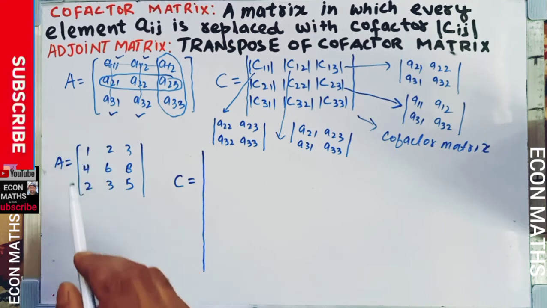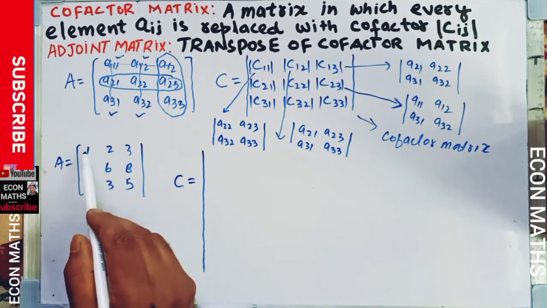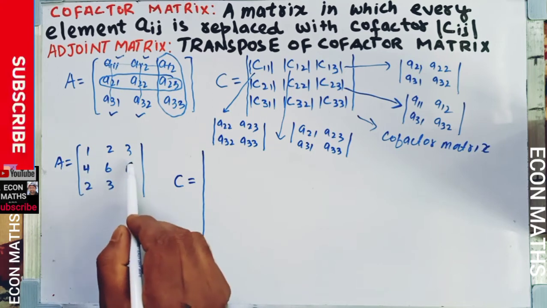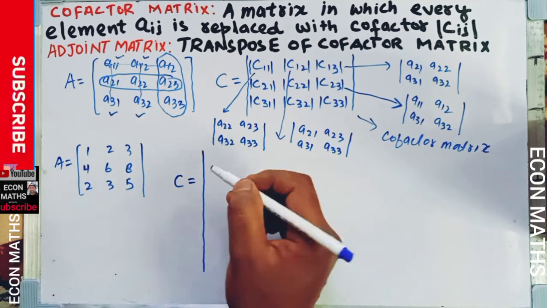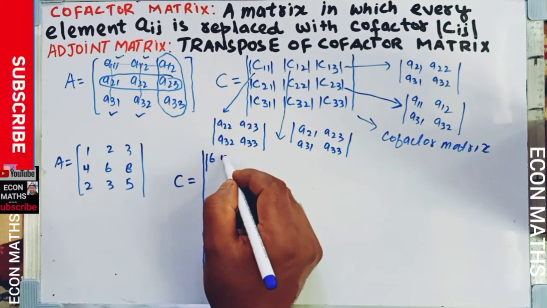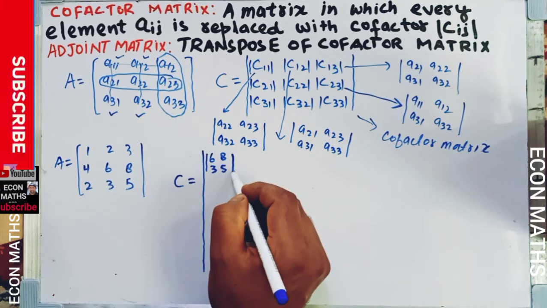Now the cofactor of this first element is, we delete the row and the column in which it appears and take the subdeterminant of the remaining elements, that is 6, 8, 3, 5. So the first cofactor will be 6, 8, 3, 5.